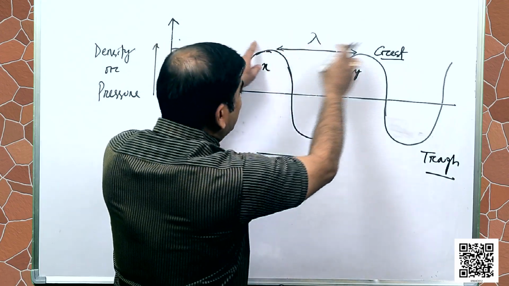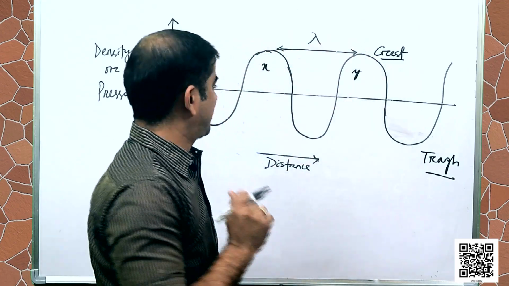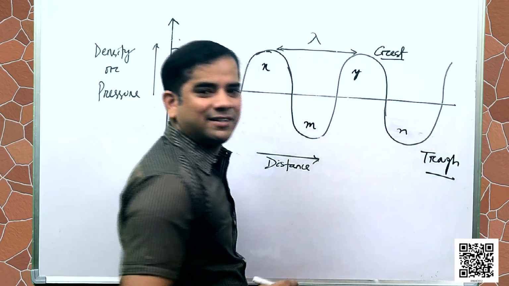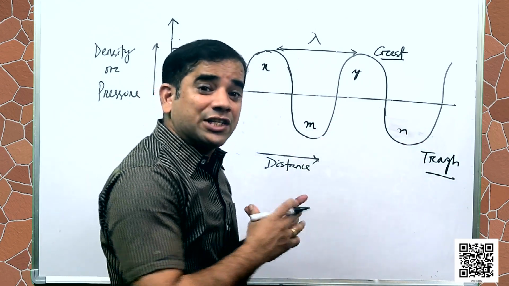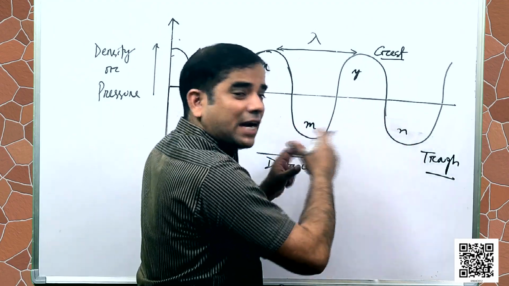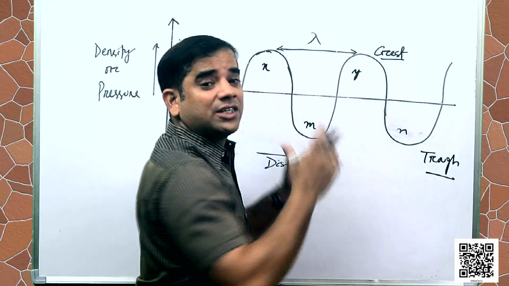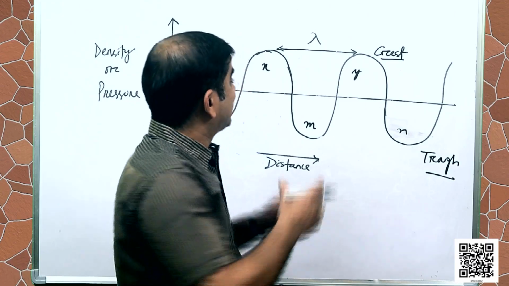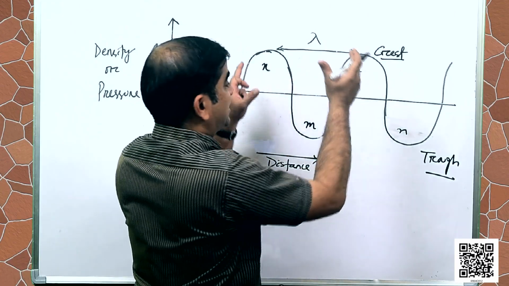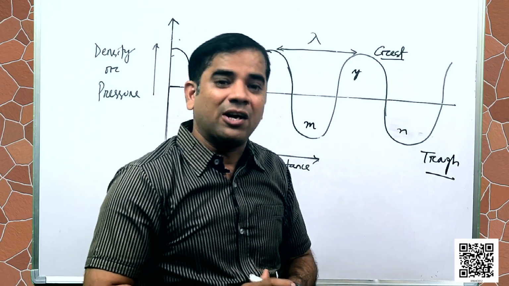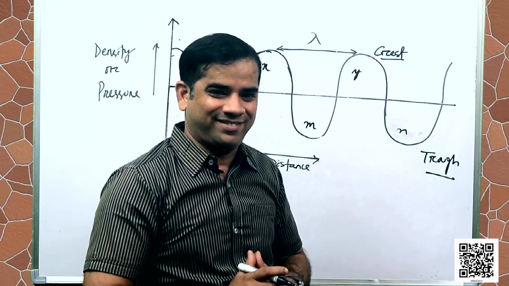Suppose this is rarefaction m and this is rarefaction n, two consecutive rarefactions, while x and y are two consecutive compressions. So, the distance between two consecutive compressions or two consecutive rarefactions is nothing but the wavelength.